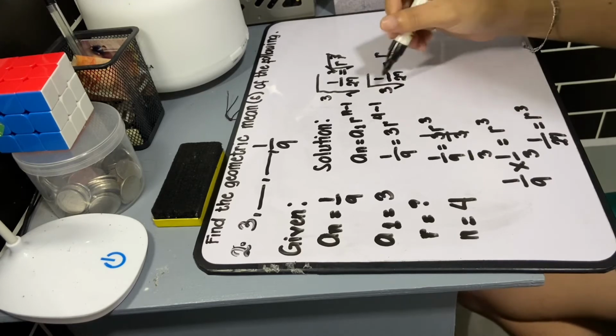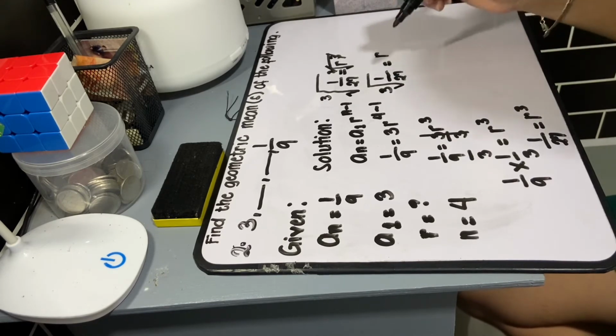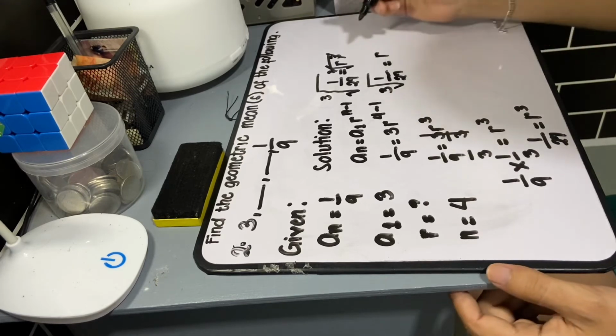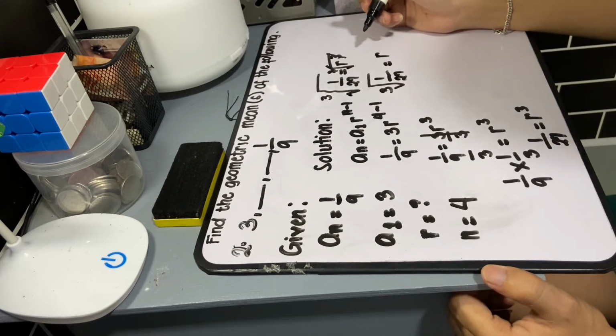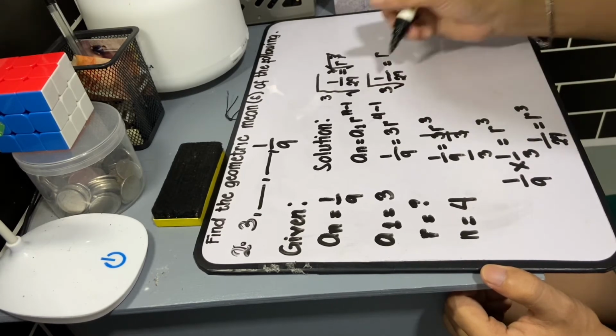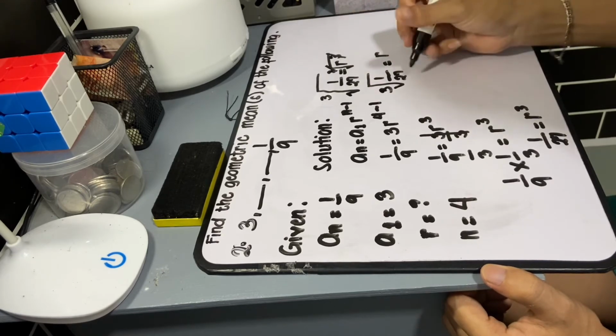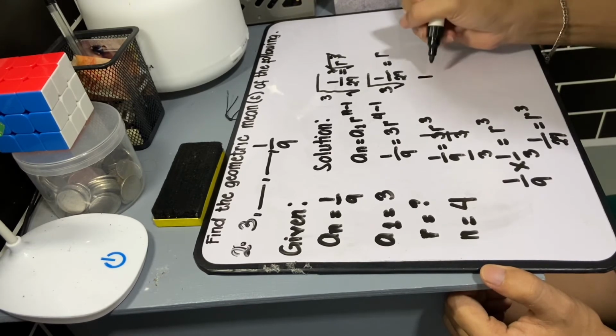So this time we are going to get the cube root of 1 over 27, and the cube root of the numerator is 1, since if we multiply 1 three times, 1 times 1 is equal to 1, and 1 times 1 is equal to 1. So the cube root of the numerator is 1, and the cube root of 27 is 3, since 3 times 3 is 9, and 9 times 3 is equal to 27.